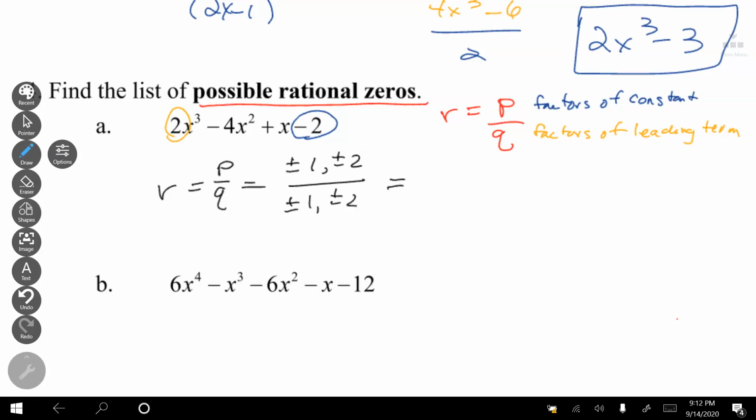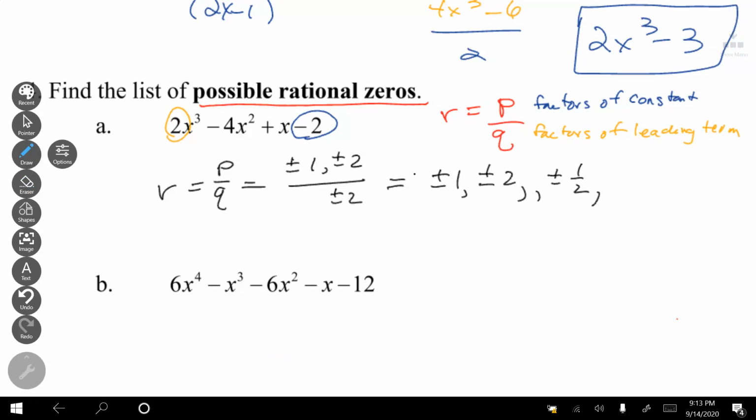And the way I create this list, I'm going to do all the numerator divided by the first number in the denominator. So when I do this, I get plus or minus 1, plus or minus 2. And then I'm going to do it by that second number in the denominator. So it's going to be 1 divided by 2, or plus or minus a half.